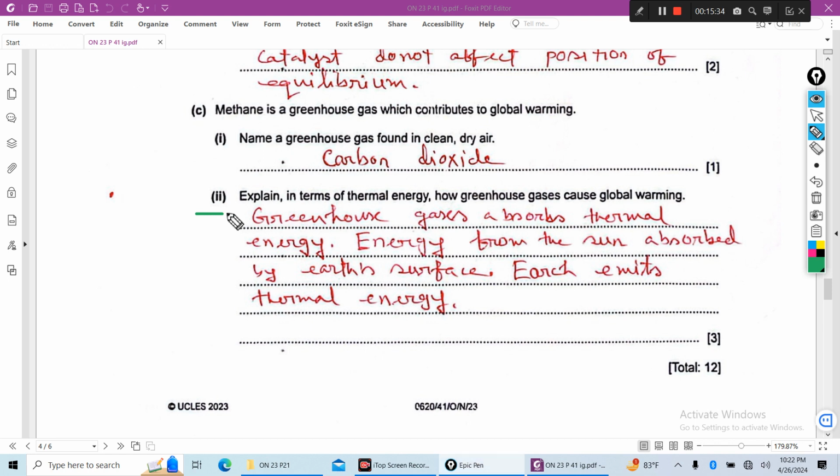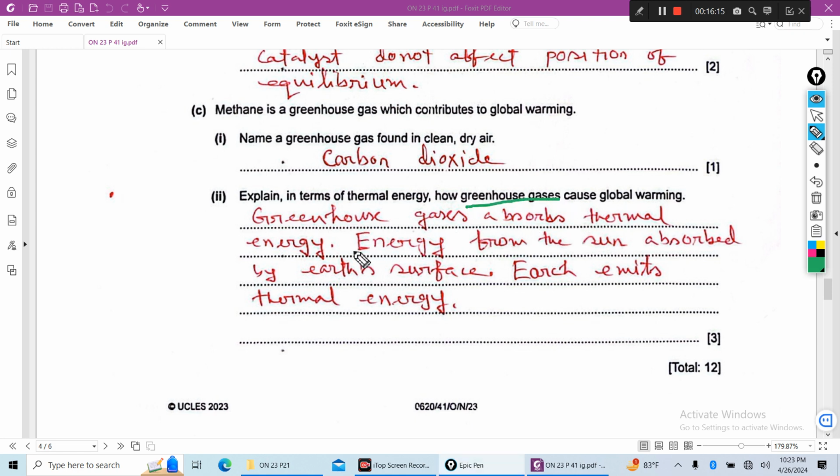Now number 2, explain in terms of thermal energy how greenhouse gases cause global warming.